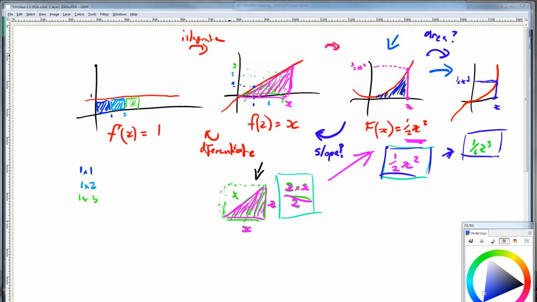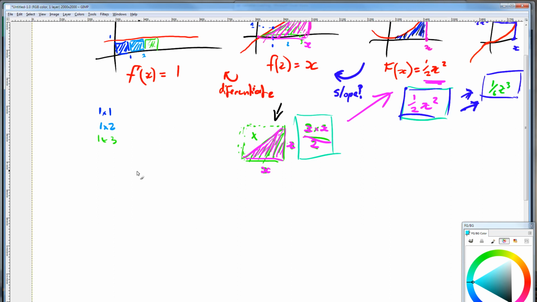So let's try this. The process for this one here, in fact, let's start by doing this process here. We're going to differentiate.